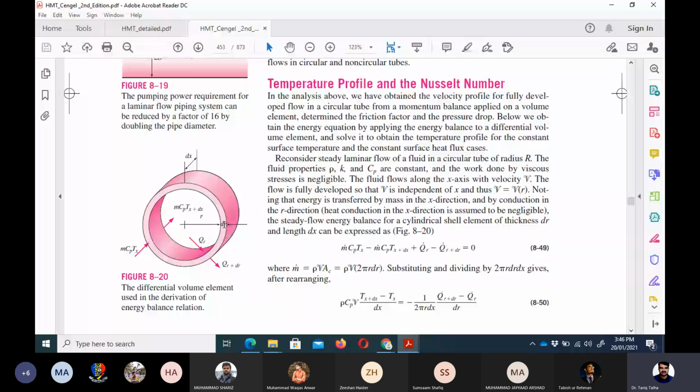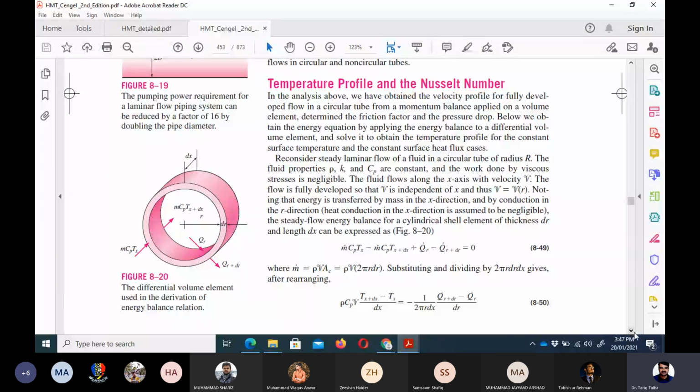If we apply energy in equals energy out, then we can write m dot Cp Ti, which is the energy in the axial direction, plus q dot r, which is coming into that element, so that's why it is plus. Then there are two minus terms, which are the energies going out in the axial direction and radial direction.